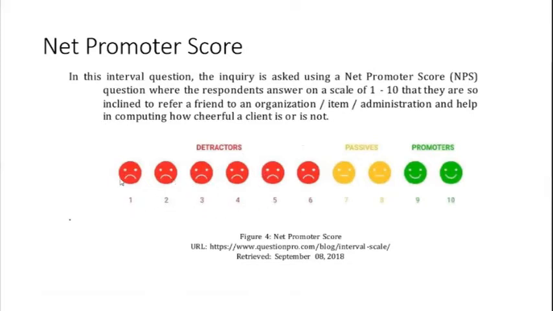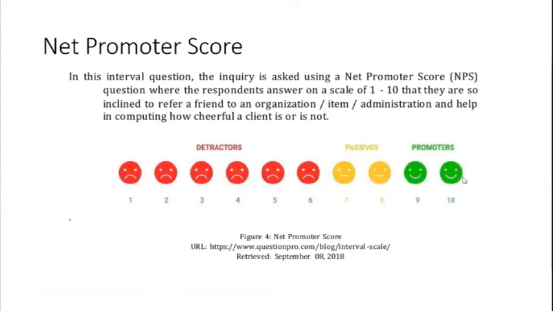If you get a red one, you would not refer your friend to a particular organization, item, or administration. If you have the no-reaction emoji, passives with levels 7 and 8, perhaps that means that's okay, that's all right.